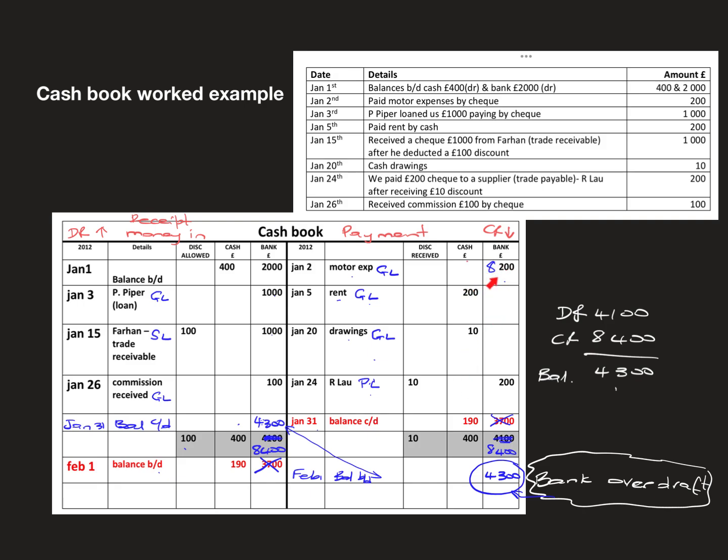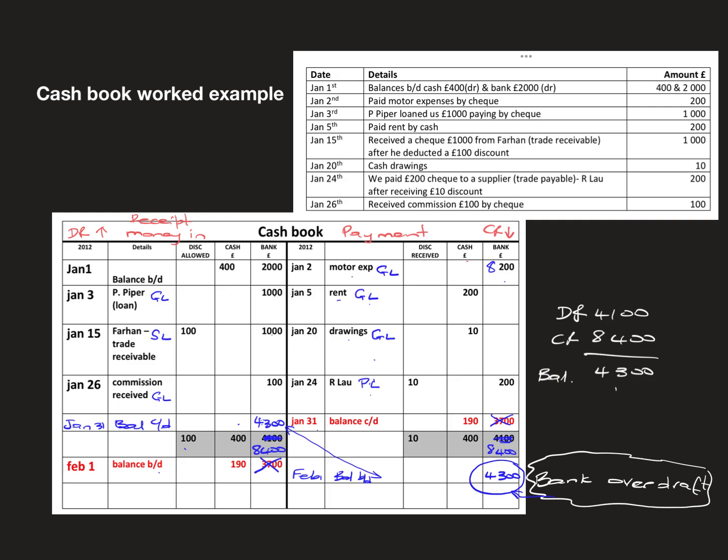So just in case I've altered this, let us just say that the motor expense was 8,002 instead of 200, and all of the other transactions which were on the debit side remain the same. It will cause the payment side to be much more, and so therefore the difference between both sides would give us a balance C/D on the debit side, which would then be brought down to the credit side.